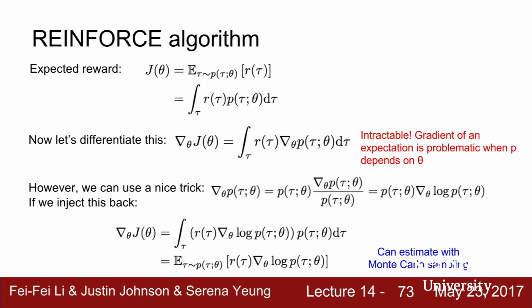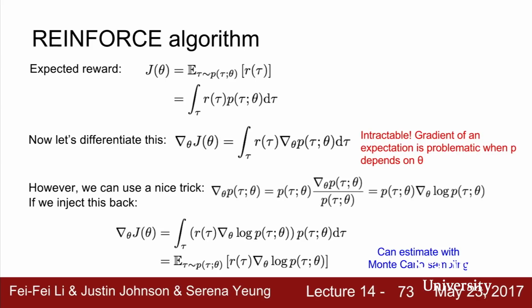If we inject this back into our earlier expression for the gradient, we now have the gradient of log p times the probabilities of all of these trajectories, integrated over tau. This is now an expectation over our trajectories tau.